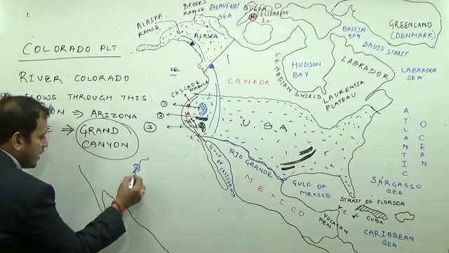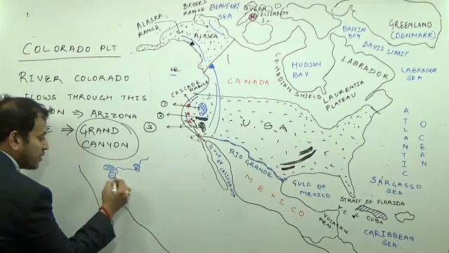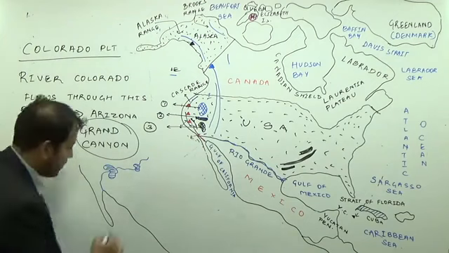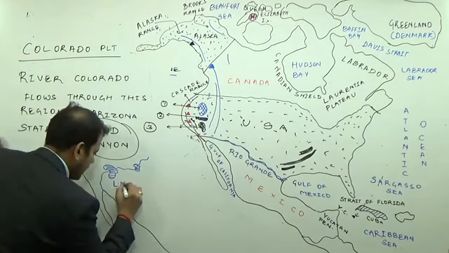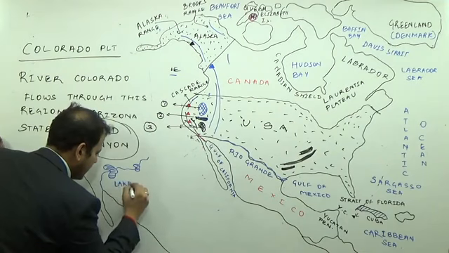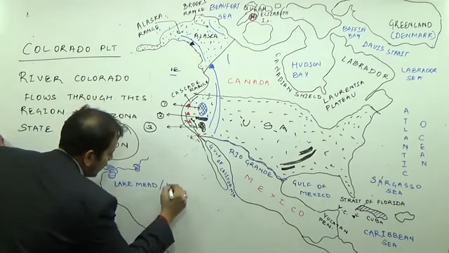First it forms Lake Powell, then it forms the biggest man-made lake known as Lake Mead. L stands for lake, so I will take it as Lake Mead or Hoover Dam.